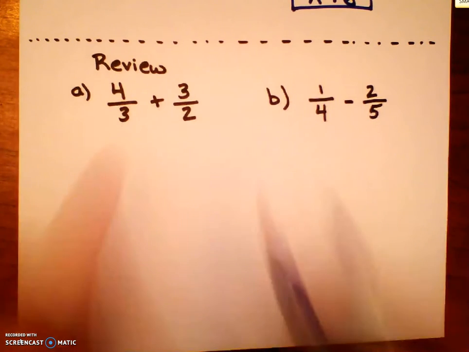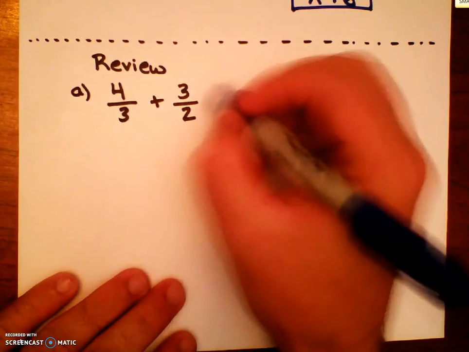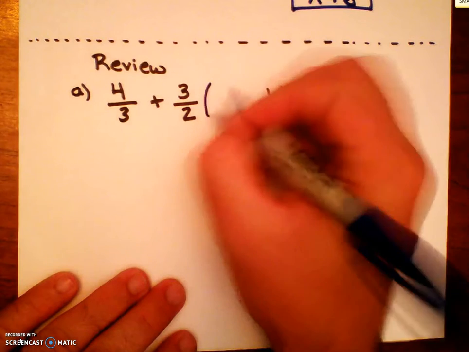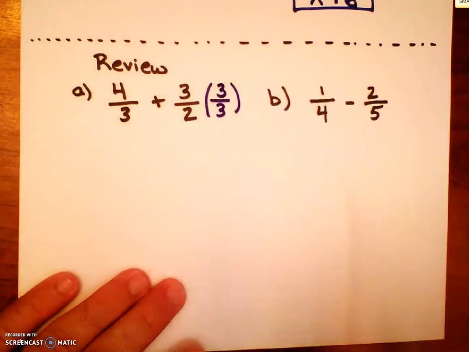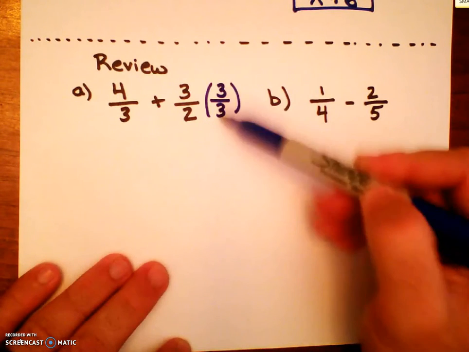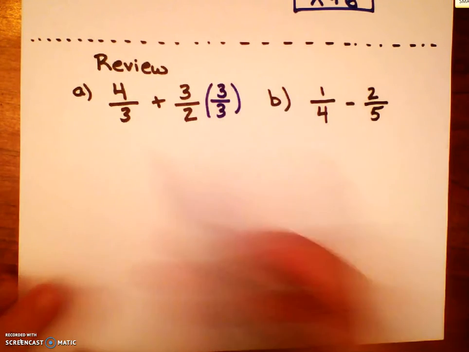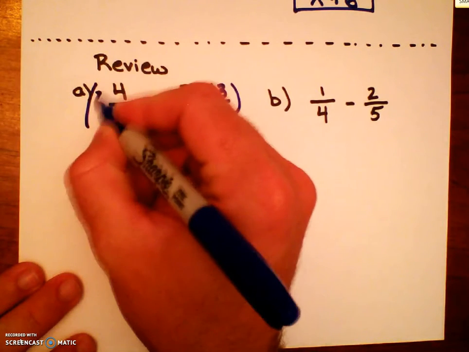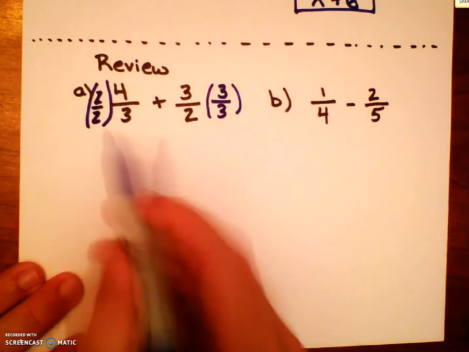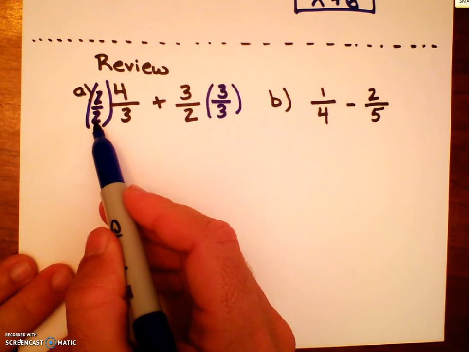So I want to figure out, what do I need to multiply this 2 by to get a 6? Well, I can multiply it by a 3, and I want to multiply the top by the same thing. That way I'm multiplying by the equivalent of a 1. Same thing over here. I can multiply this 3 by a 2. Again, all I'm doing is multiplying by 1. 2 divided by 2 is 1.